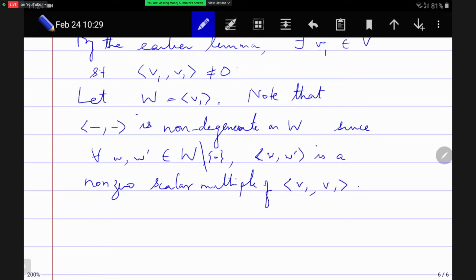The first scalar you have to take out in conjugate, and the other one you just take out, and the product is a non-zero scalar, and that times this product is what we want. So this is non-degenerate.